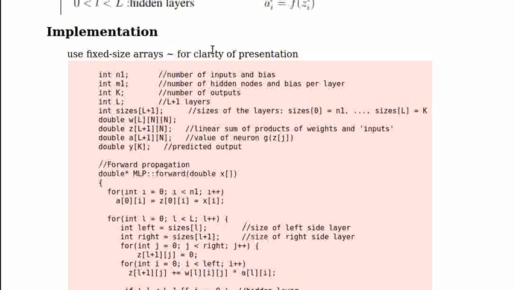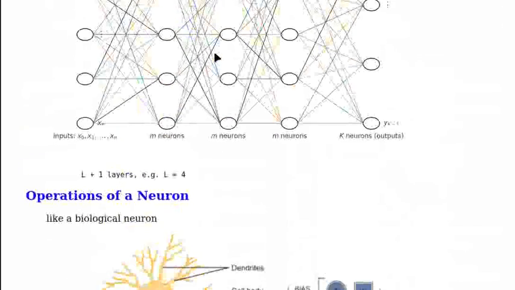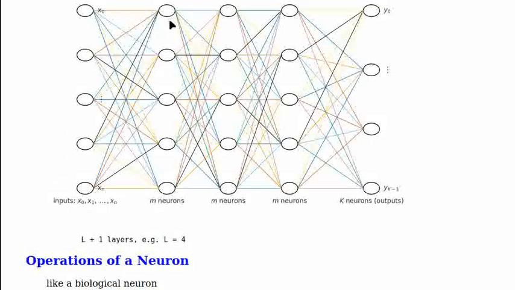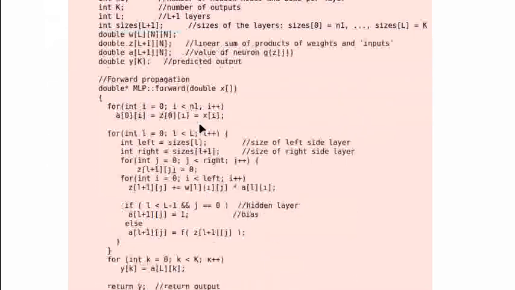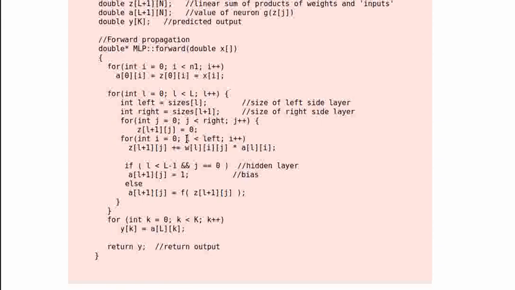So that means we consider 2 layers. This is L and this is L plus 1, and the weight between them is WL. So we need to calculate the Z value of the output layer, or the right side, that's this L plus 1.